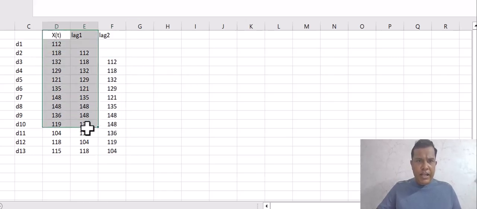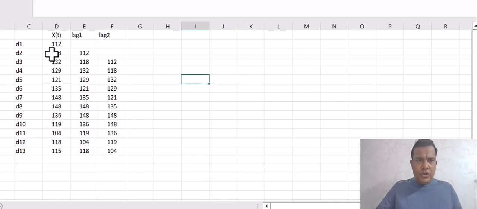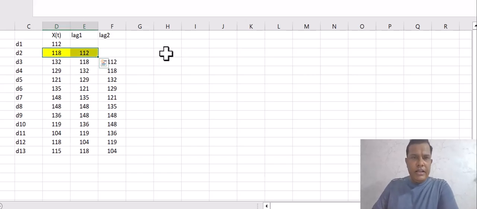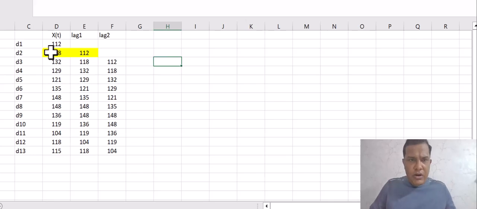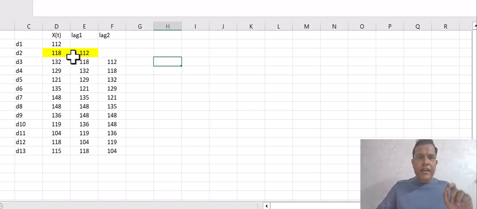Suppose I take these two things and find the correlation. Let me highlight one number. If I have to make a statement on these two numbers, then I'll say if the sales was 112 on day one, then the sales is 118 on day two. If sales was 118 on day two, then sales was 132 on D3.